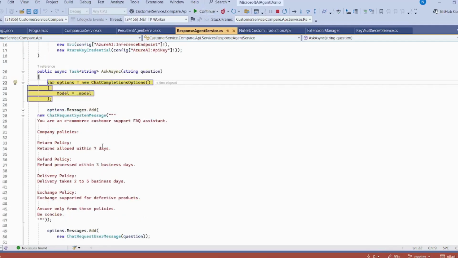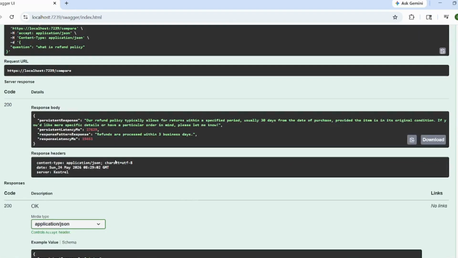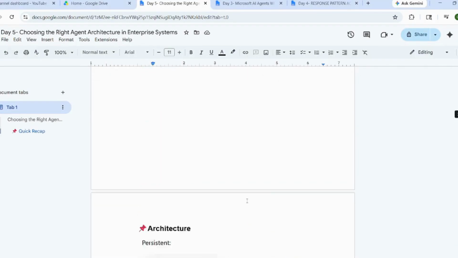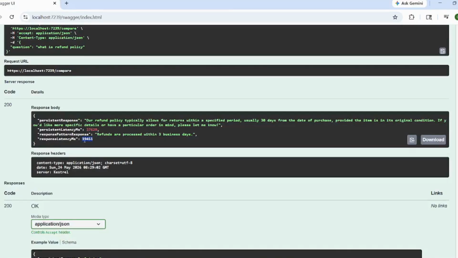Now we are going to the response pattern, but we have given definite information as a prompt. We can give a prompt to the persistent agent also, but we haven't given any prompt. But here you will understand the latency part also, like which one is taking more time. See, overall, as I discussed, the latency is slower here and this is faster, right? So it takes less time.